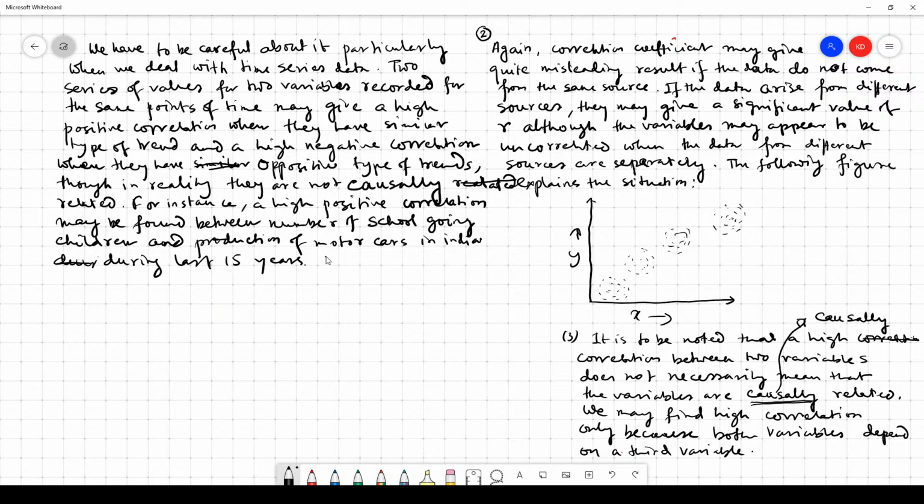So such type of correlation between two time series is called nonsense correlation.